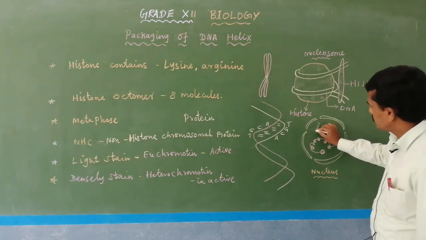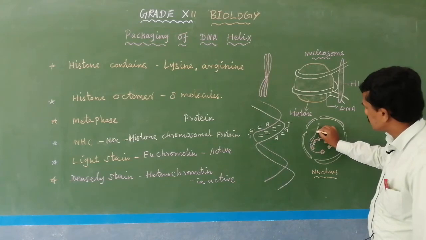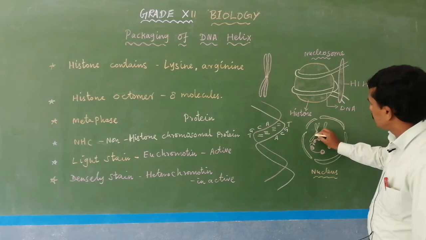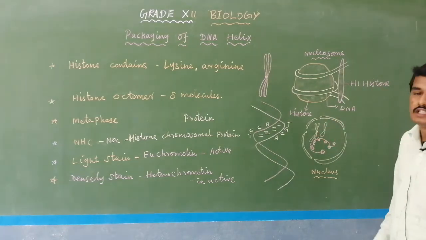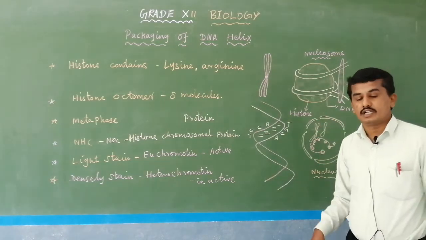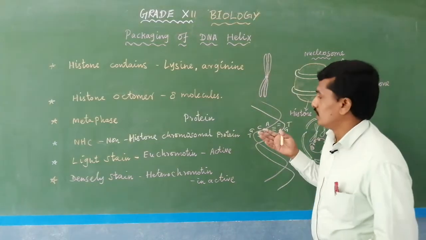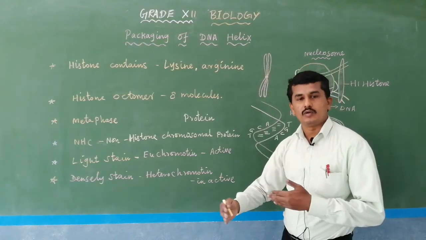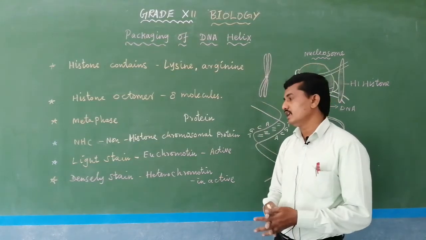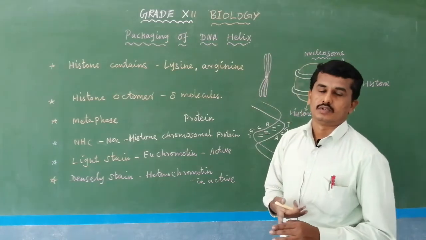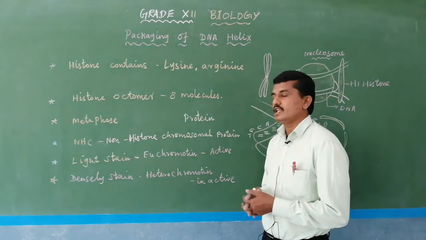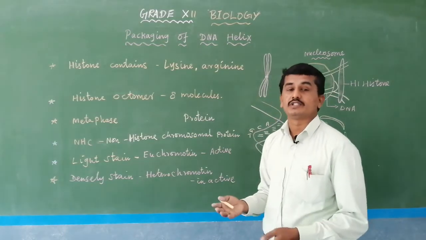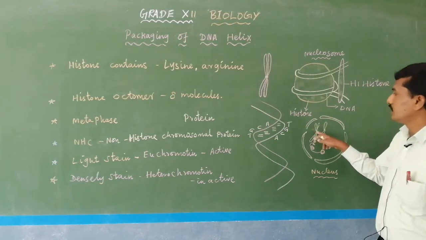For the formation of chromosomes, the cell needs some additional protein other than histone. That protein is nothing but the non-histone chromosomal protein, which is important for formation of chromosomes during cell division.